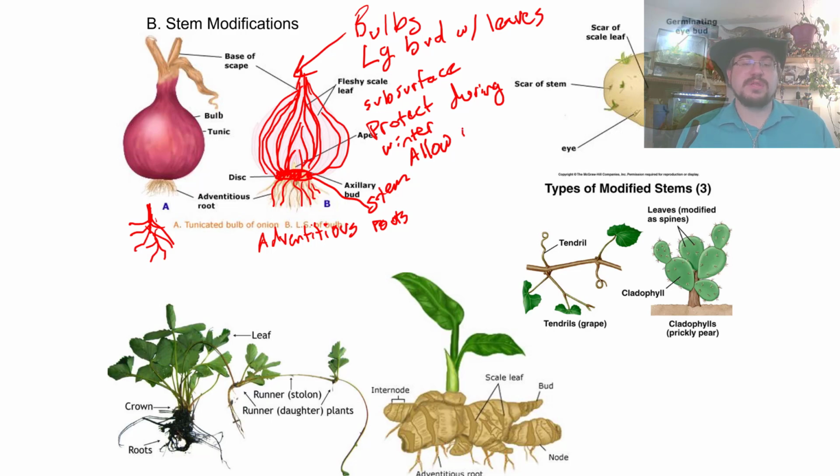So it allows it to live through the winter. It does not get destroyed by freezes because generally bulbs, as long as they're in an environment that they are well adapted to, don't get frozen in the ground.